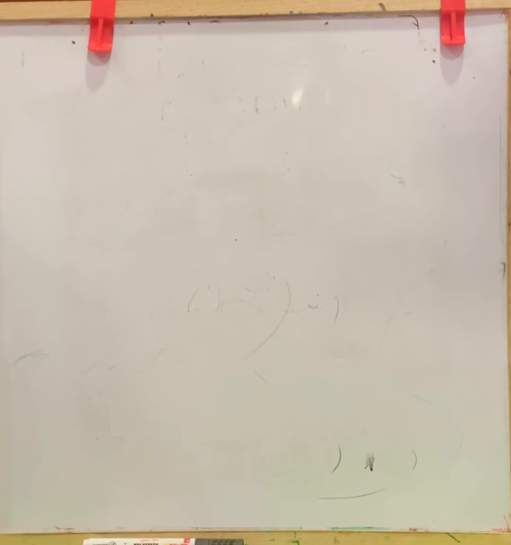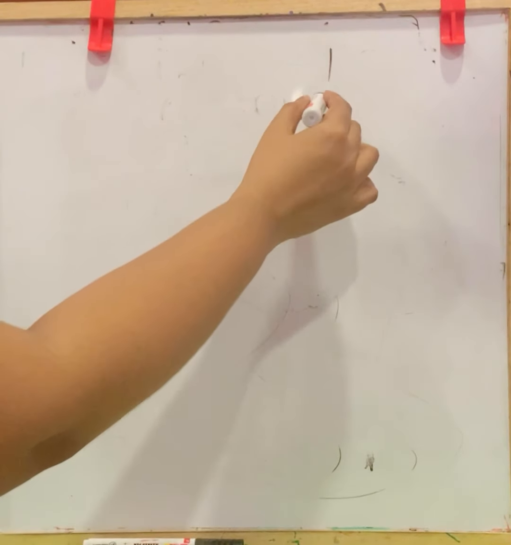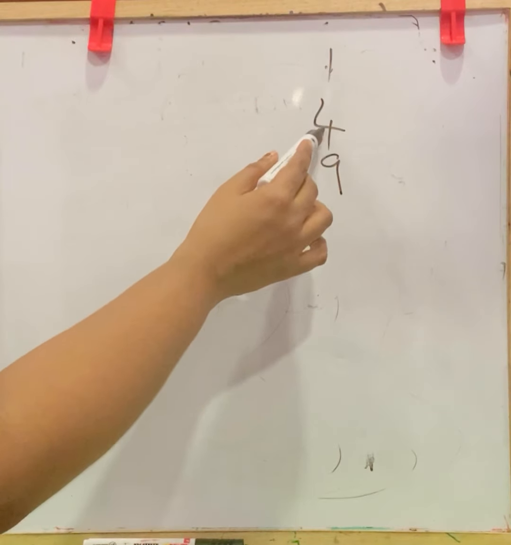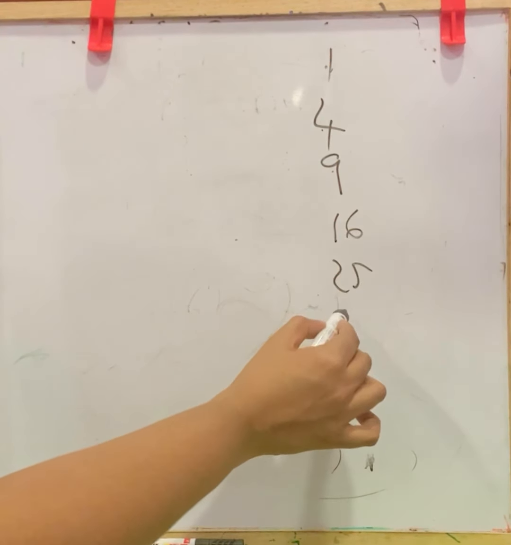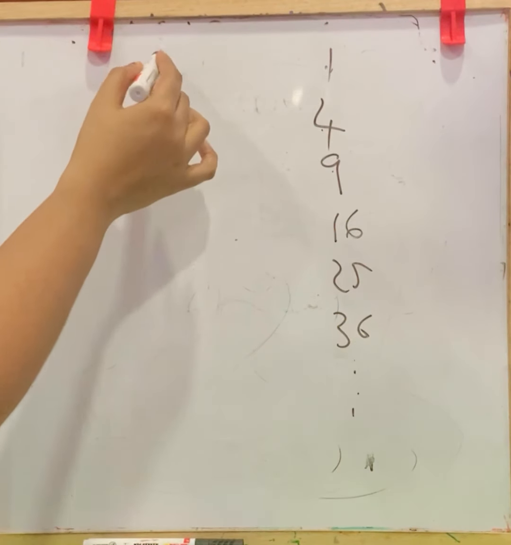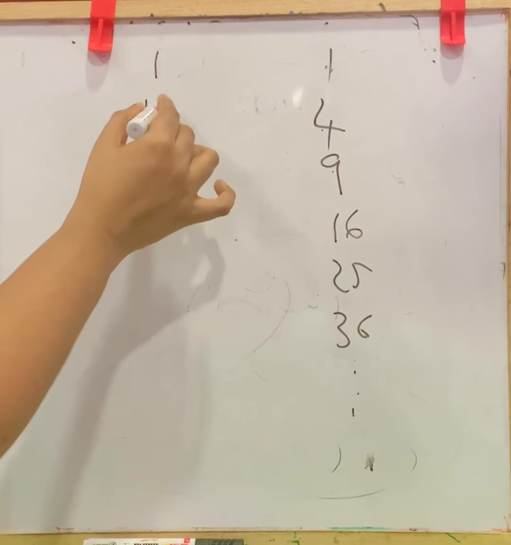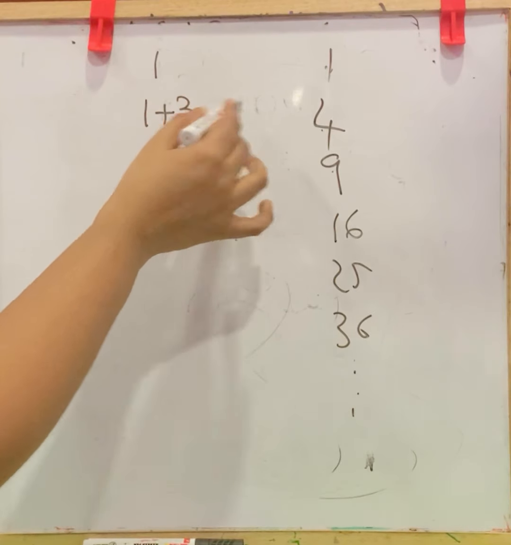Now the next property is, the first square number is 1, second square number is 4, third square number is 9. That is 1 square is 1, 2 square 4, 3 square 9, 4 square 16, 5 square 25, 6 square 36, like that. There is another property. 1 is 1. Now 1 plus the next successive odd number, 3, is 4.